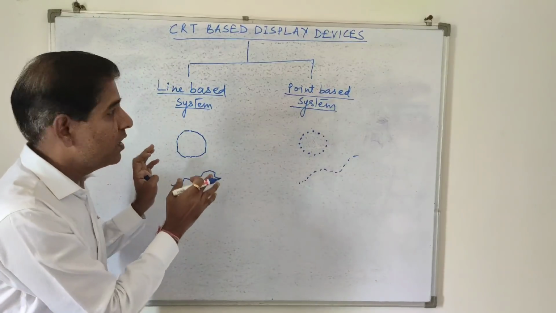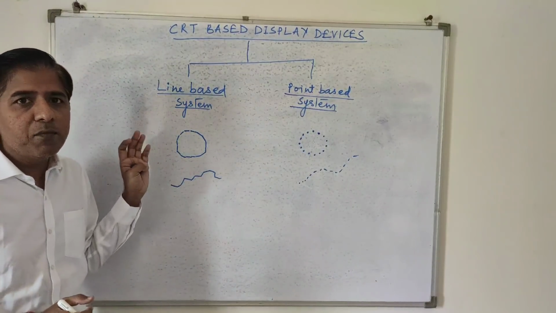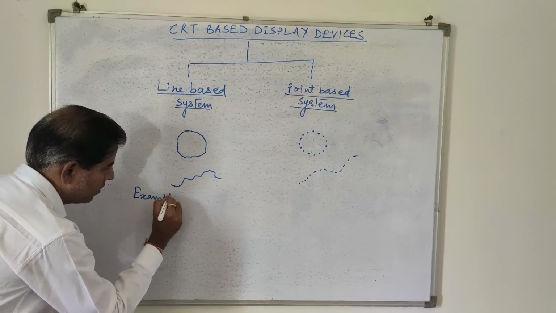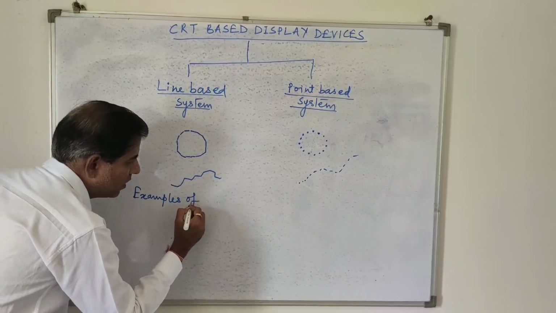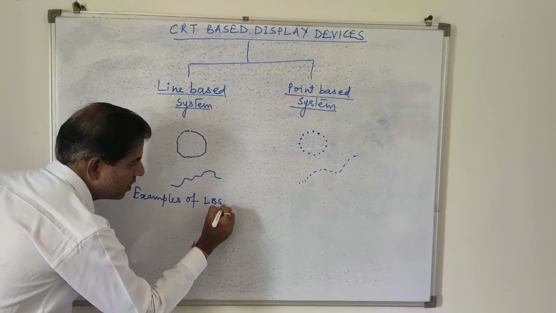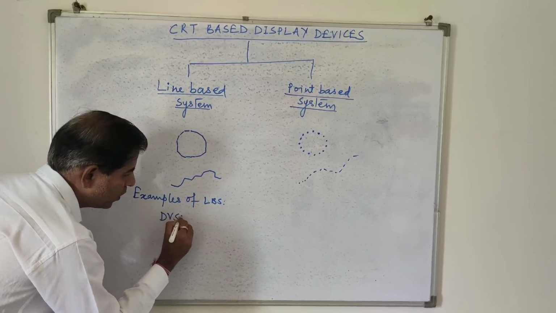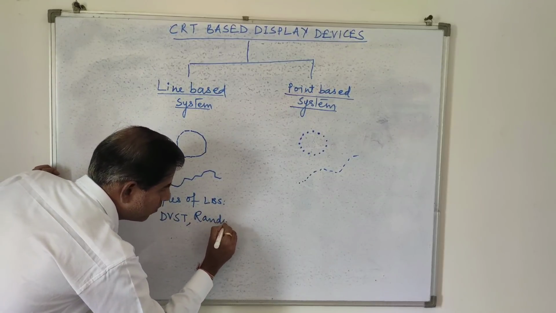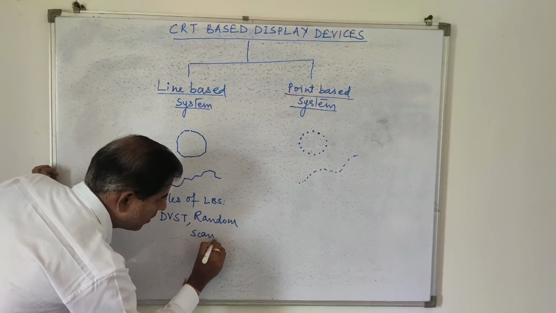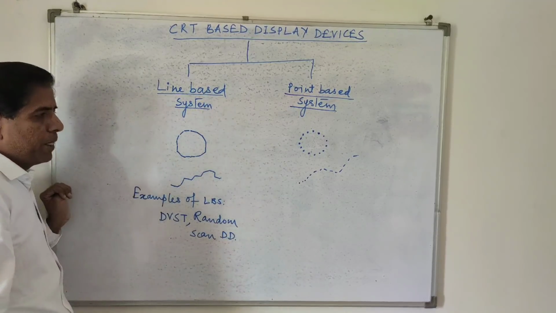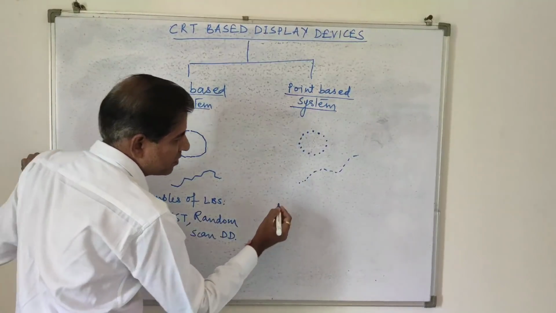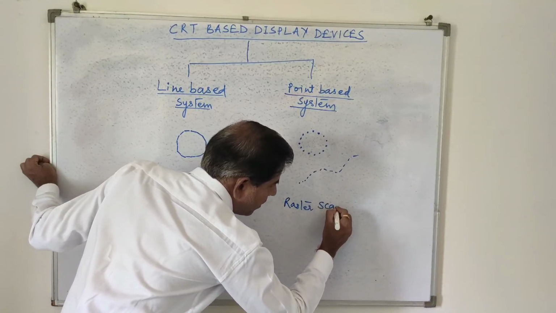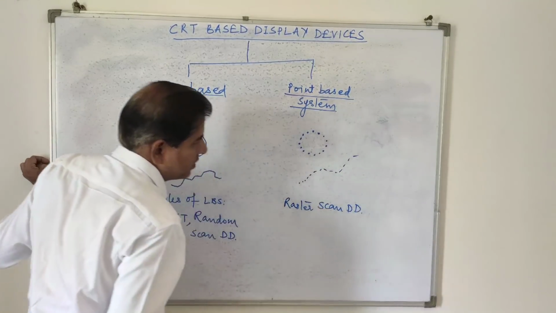Now first we'll see a line based system. Examples of line based systems are direct view storage tube and random scan display device, whereas the example of point based system is raster scan display device.